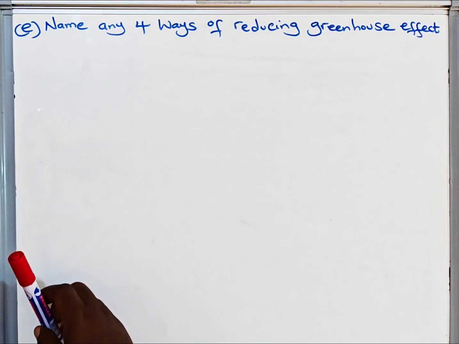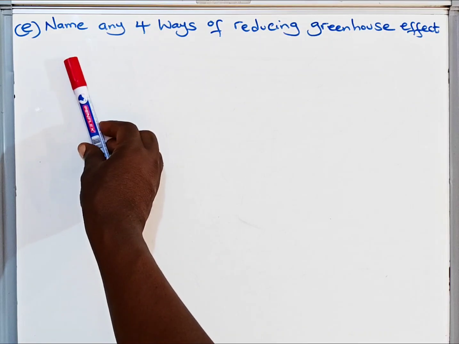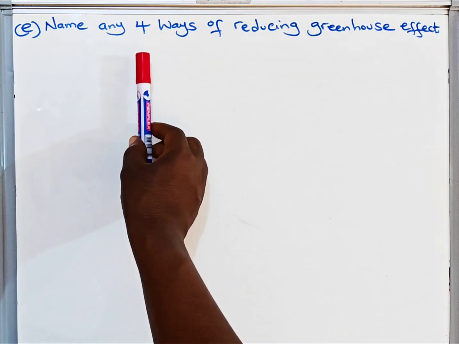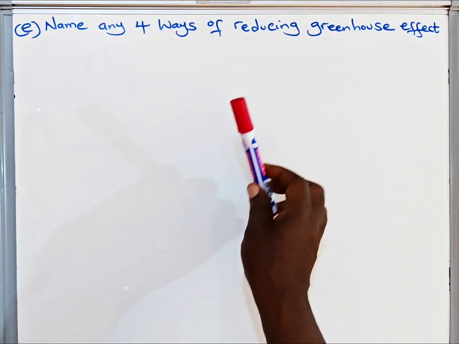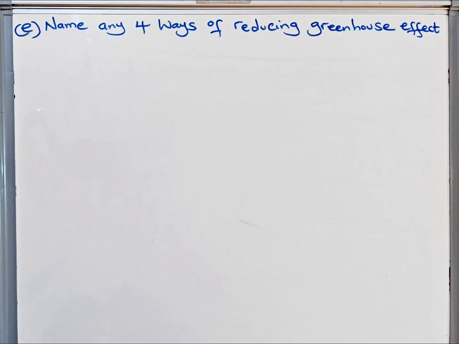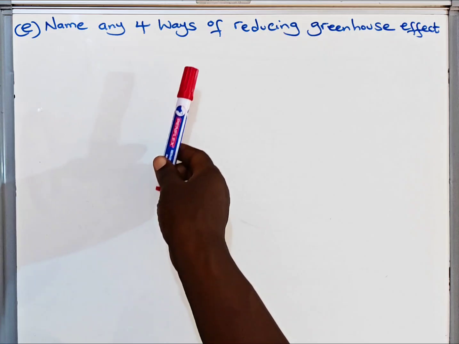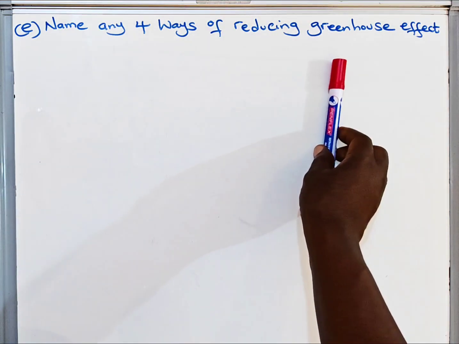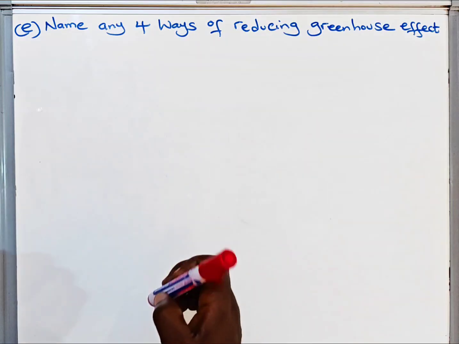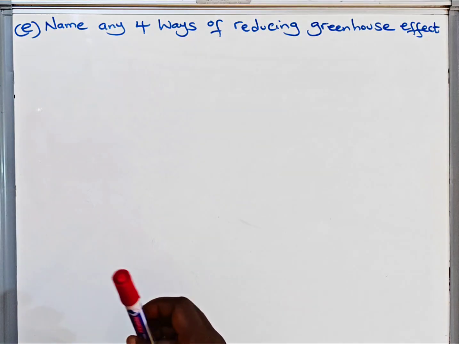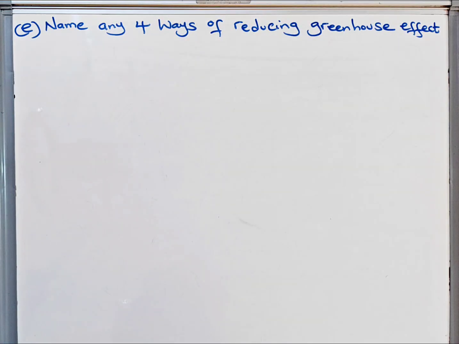Then we come to this question. It says name any 4 ways of reducing greenhouse effect. We said greenhouse effect is responsible for global warming, so the question can also be stated as 4 ways of reducing global warming. And what are these ways?